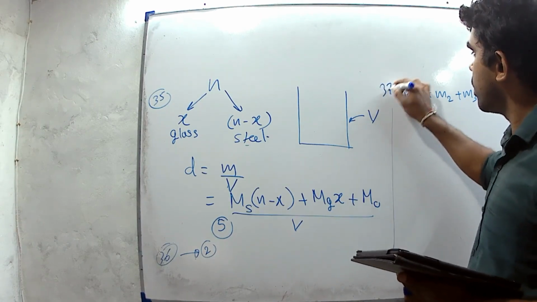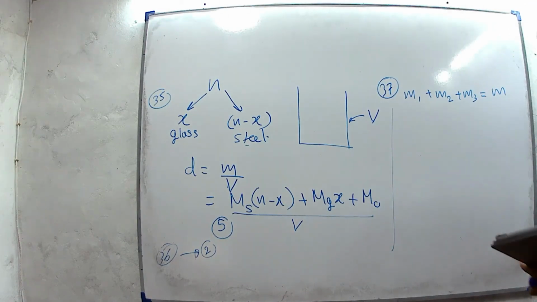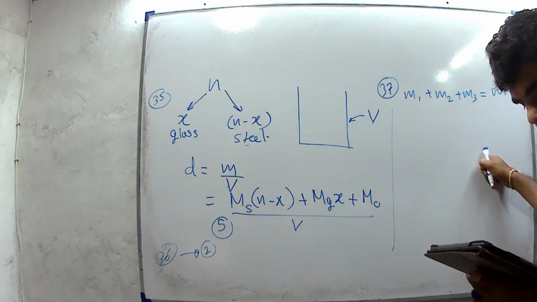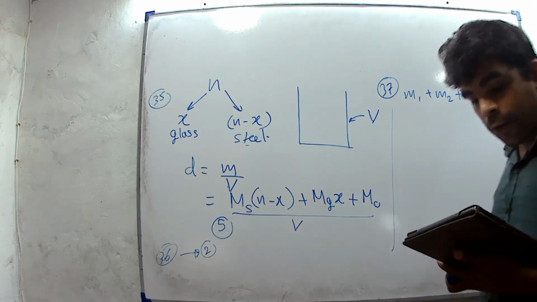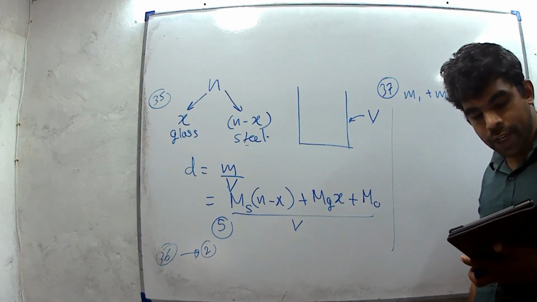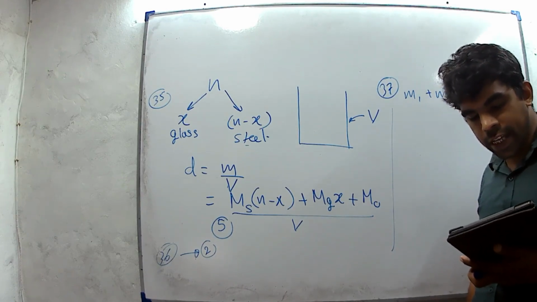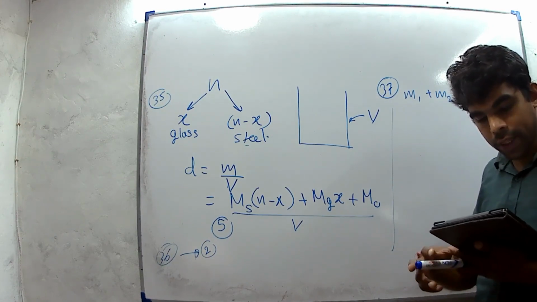We know that density equals mass divided by volume. In question number 37, it should be corrected: not final masses of three liquids, but same masses of three liquids of densities D1, D2 and D3 added together.